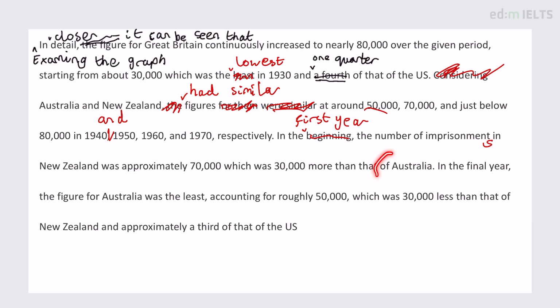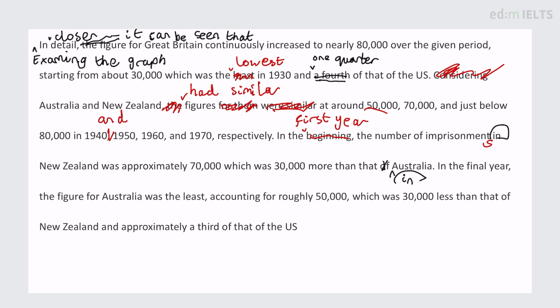Yeah, I guess that in New Zealand, you should really try to match if possible. I know it means Australia's figure, but I want to talk about imprisonments in and keep it the same.